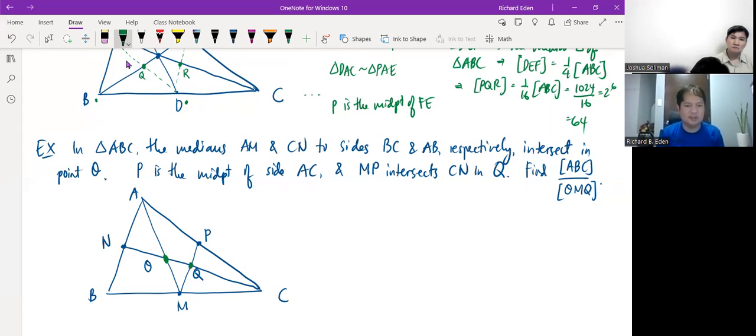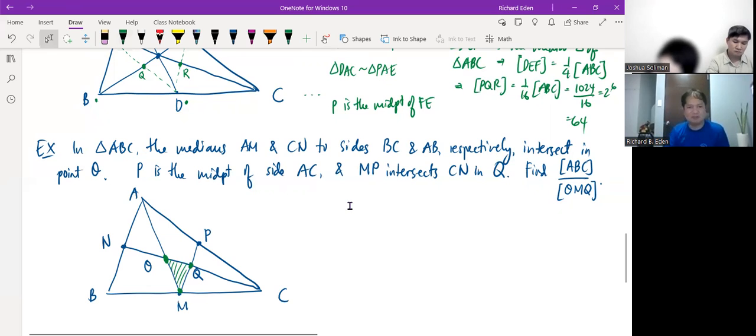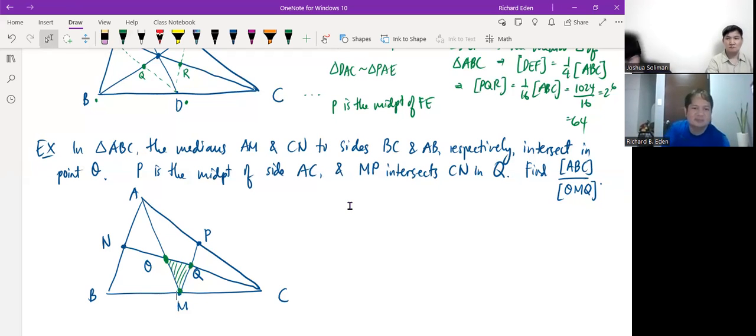And then this is OMQ. Ah, yes, I see. It is actually 1/6 of the medial triangle, or 1/24 of the big one. Easy. Wait, what's that observation about OMQ? Spoiled the movie po. So it's 1/6 of the medial triangle. OMQ has area 1/6 of the medial triangle.